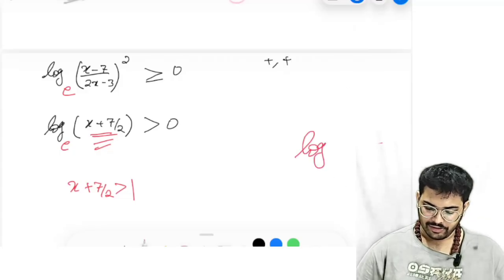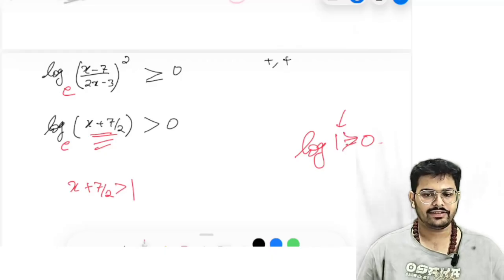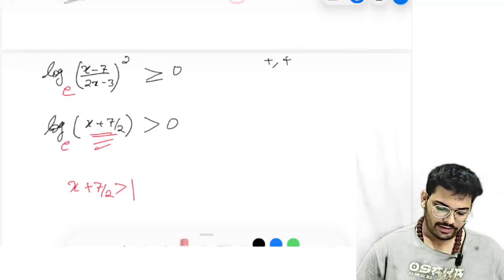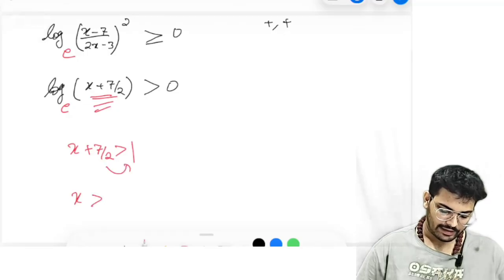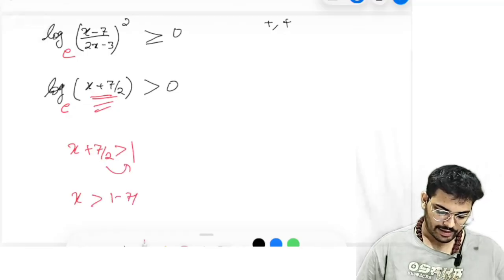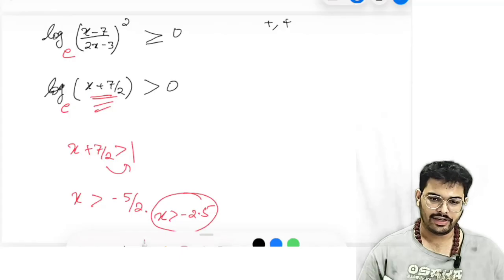Log 0 doesn't exist, log 1 is 0. Therefore if you put a value greater than 1, this will be greater than 0. So x is greater than 1 minus 7 by 2, which is minus 5 by 2, that is x greater than minus 2.5. That's the one conclusion we get from the denominator.